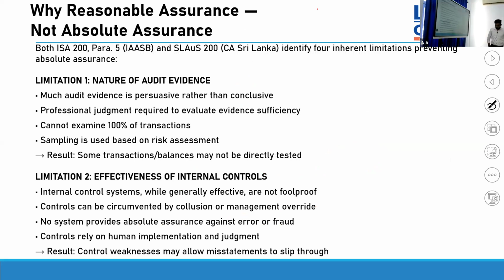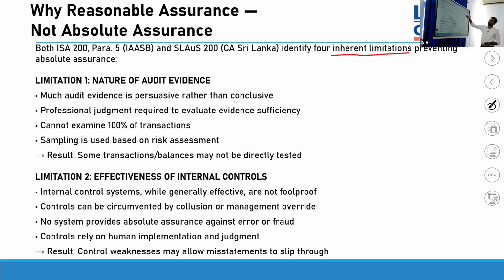Here is the next question. Why reasonable assurance, not absolute assurance? Why can't we provide absolute assurance? Because there are some inherent limitations which prevent us from providing absolute assurance. There are four inherent limitations.